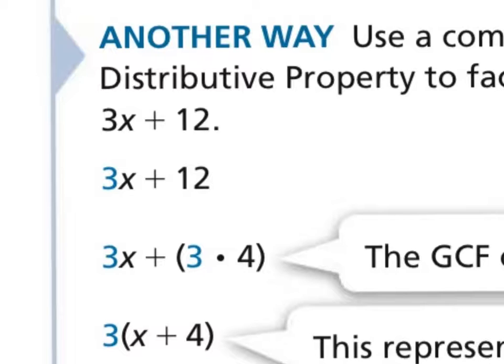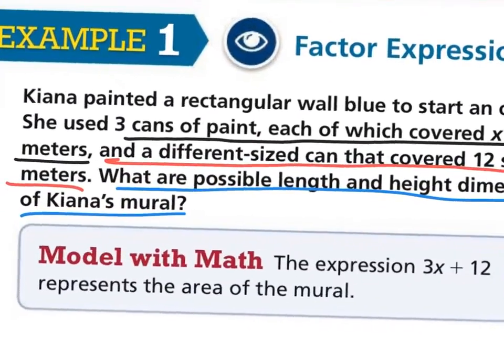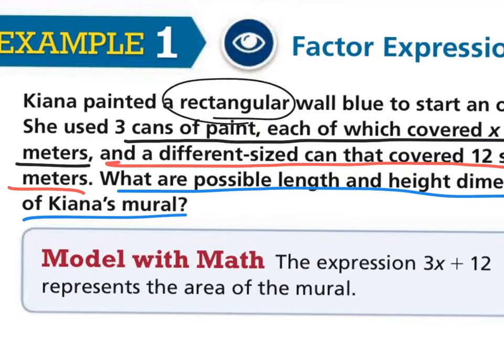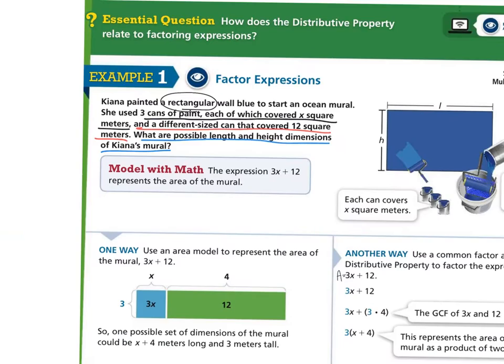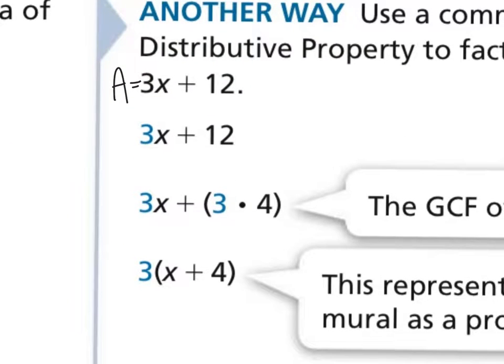Well, if I know my area is 3X plus 12, and this is a rectangular blue wall, it told us, then I know the area of a rectangle is length times width. Good.